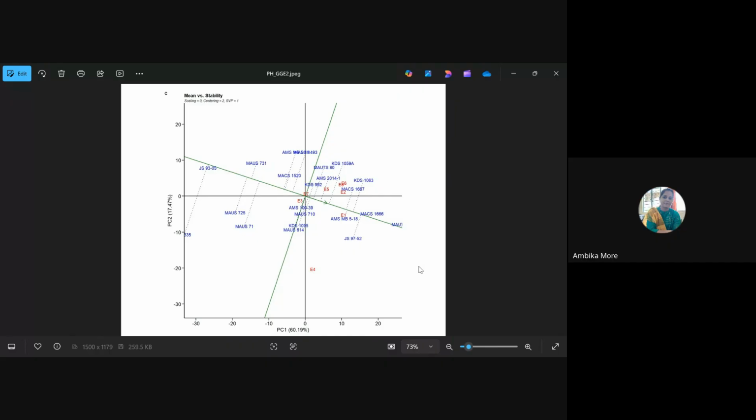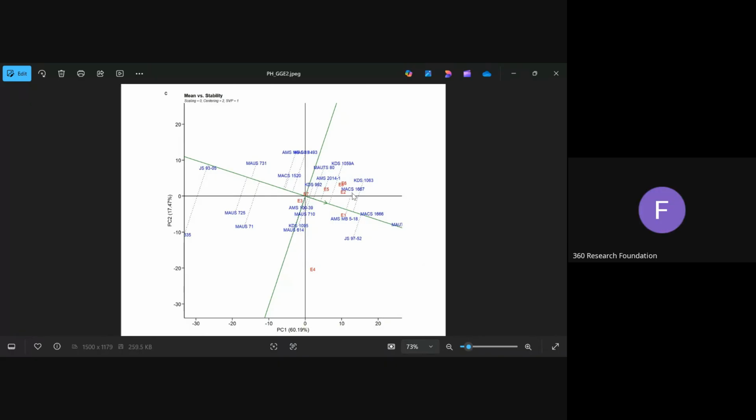Hello, sir. MAUS 1067 is also near to the zero axis, near to the horizontal line, sir. Near to zero, and also having higher performance. So it is also a stable genotype across environments.